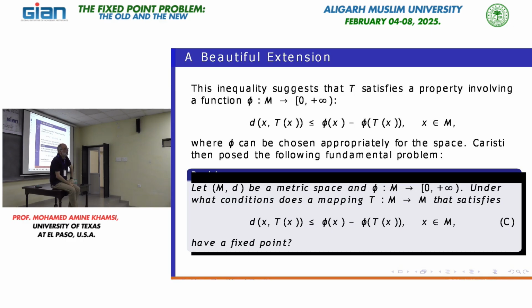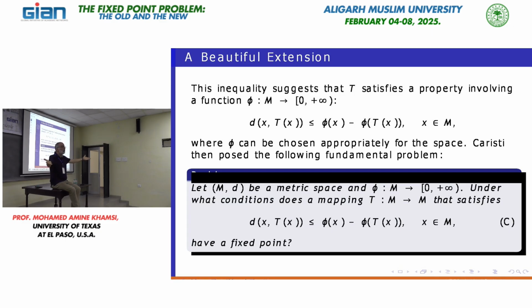Now, let's continue. What happened to the sequence x_n, which is the orbit? We can easily show that it is Cauchy. Triangular inequality and the equality you see there. It's the famous telescoping series. You remember this from calculus? It's Cauchy.